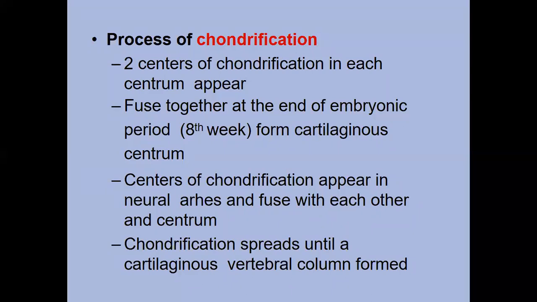Then centers of chondrification appear in the neural arches and fuse with each other on each side and with the centrum. So the neural arch parts will fuse with the body to complete the cartilaginous vertebra. Chondrification spreads until a cartilaginous vertebral column is formed.